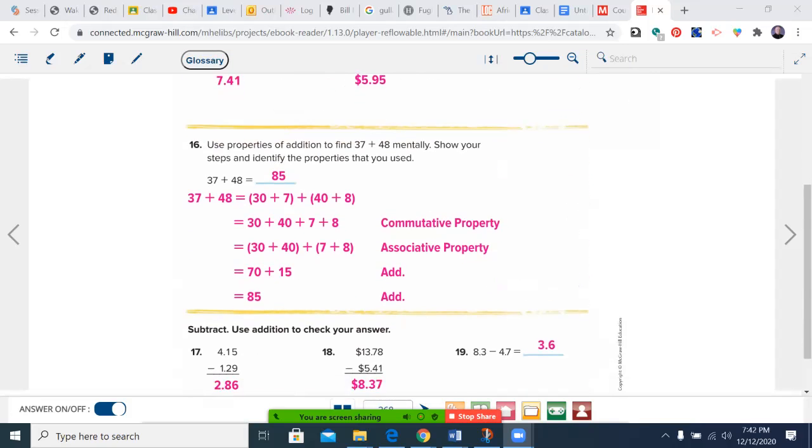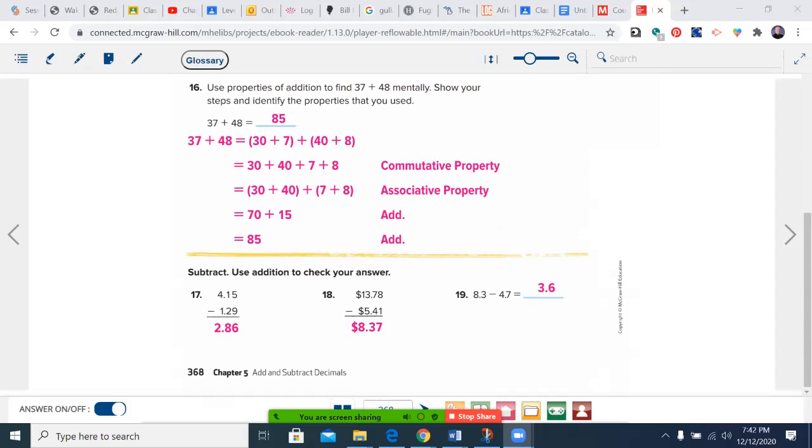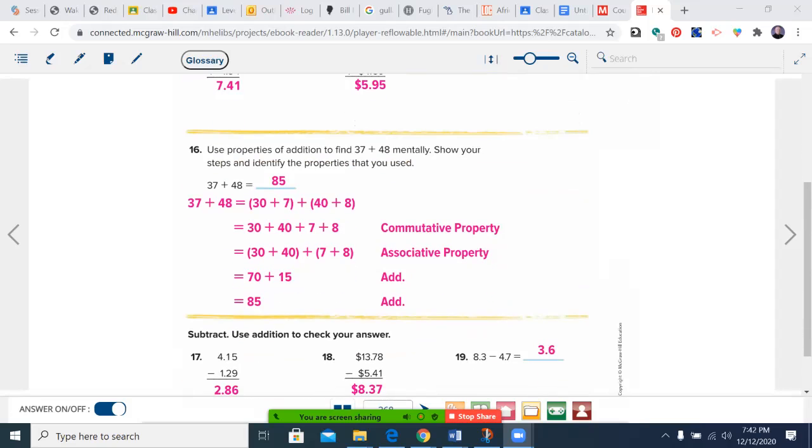Looking down here, number 17. Actually 16, because I assigned this. I want you to look at this anyway. To solve using the properties, first thing you do is to turn it into expanded form. 30 plus 7 plus 40 plus 8.